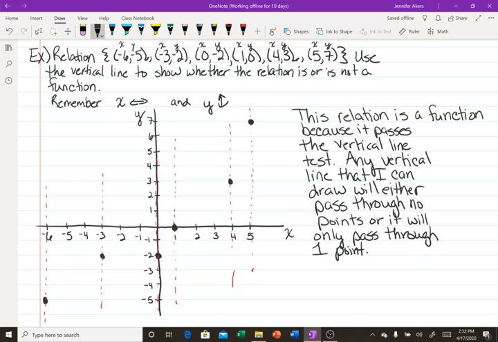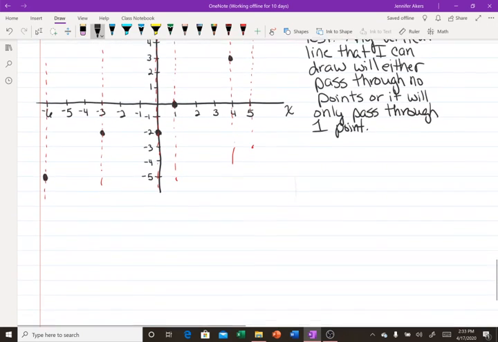So in your independent work, you're going to be asked to make some mappings and some graphs. With a mapping, you're looking at the arrows from x's to y's. So let's summarize.